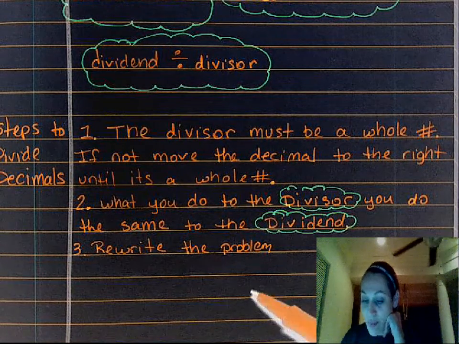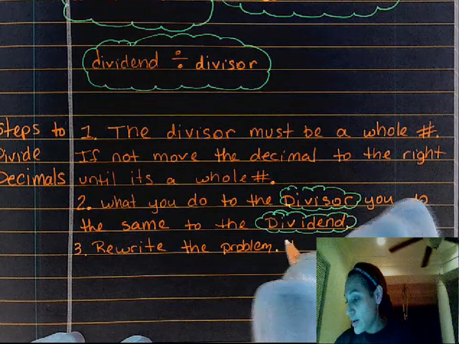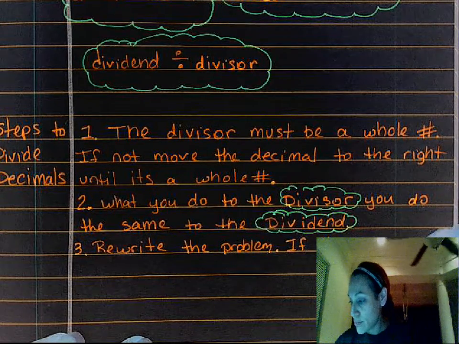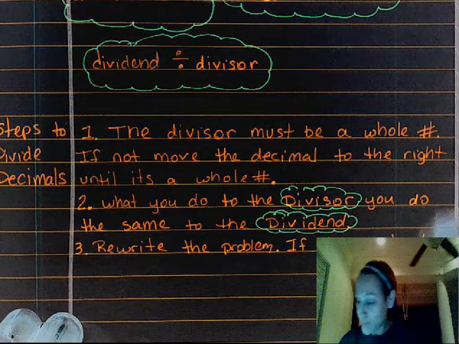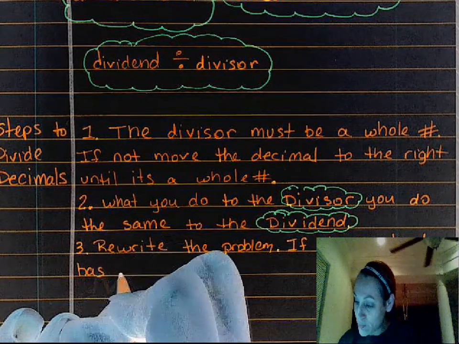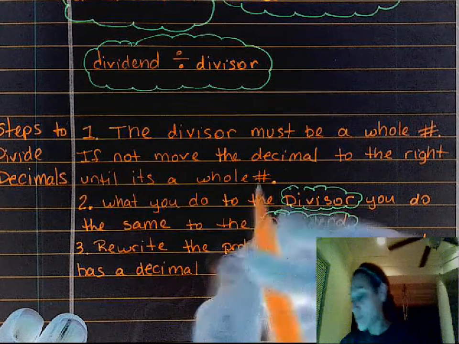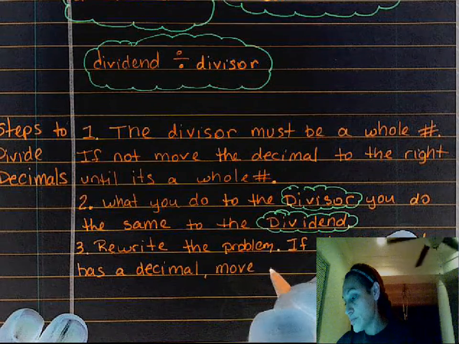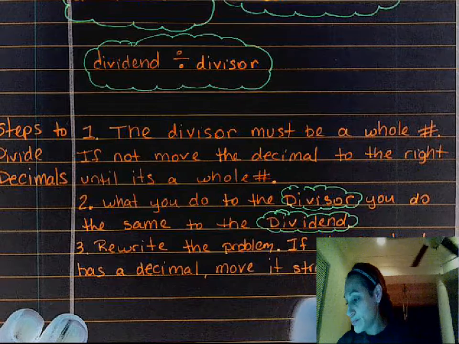Okay, so step 3, you're going to rewrite the problem. If the dividend has a decimal, move it straight up.